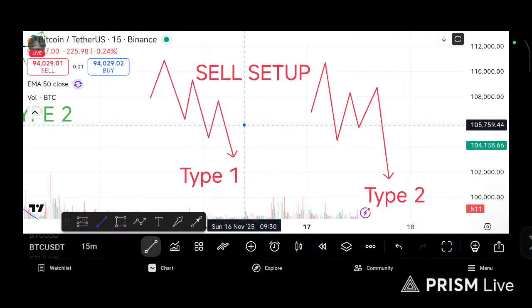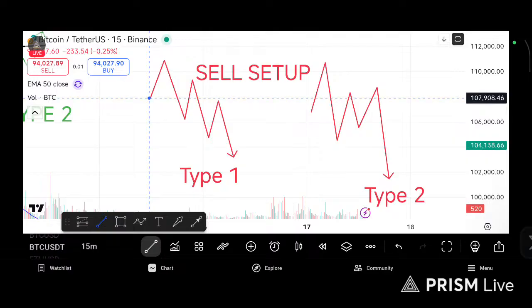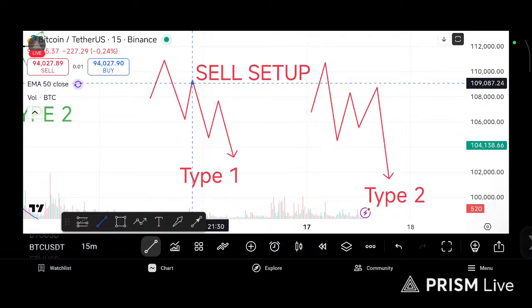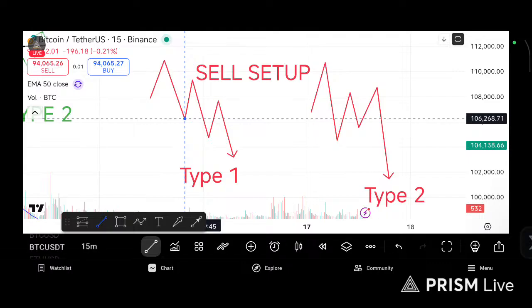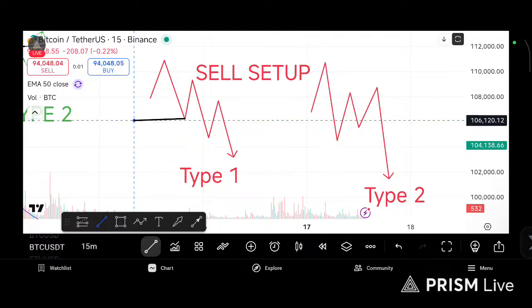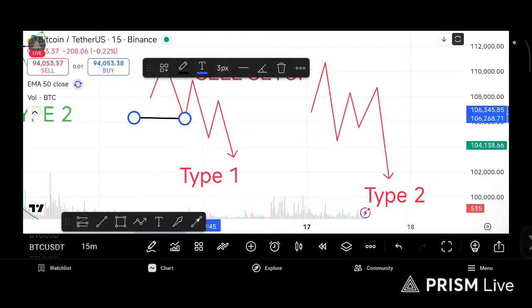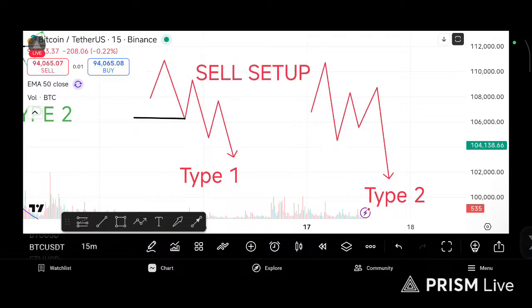If you come to the sell setup, we know the breakup structure. This one breaks the previous low, right?